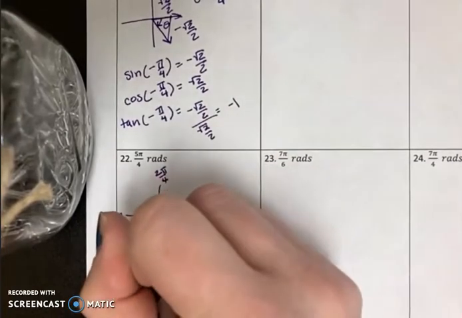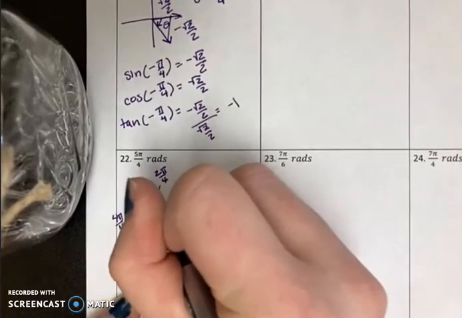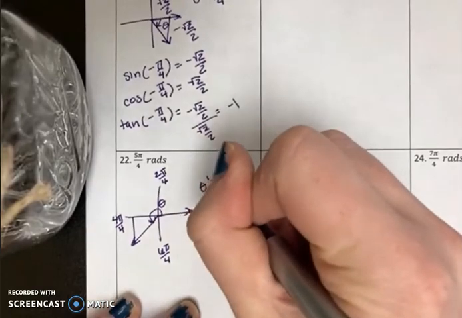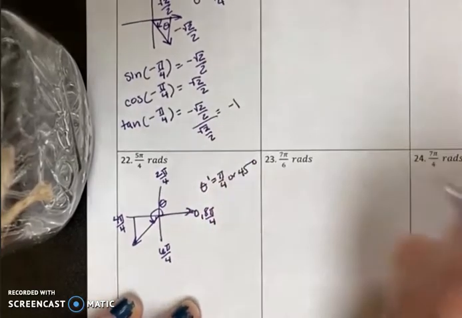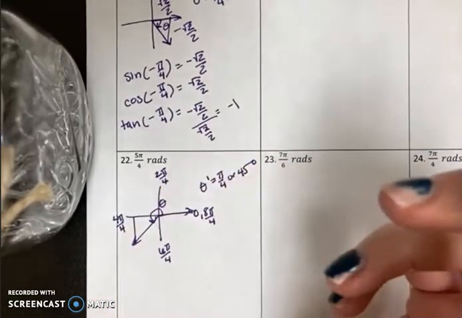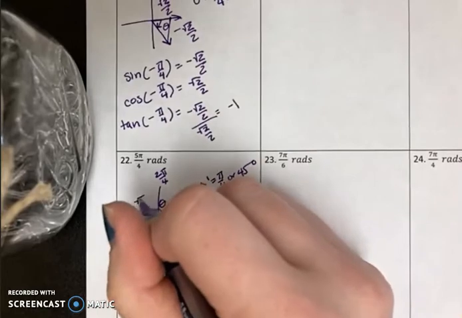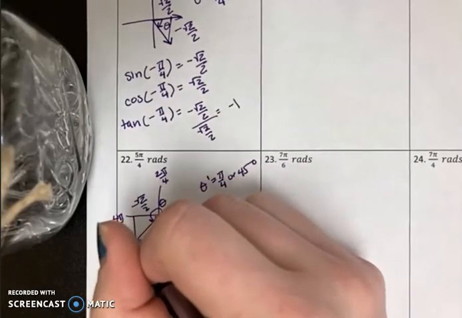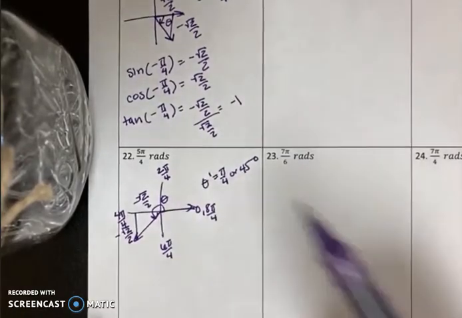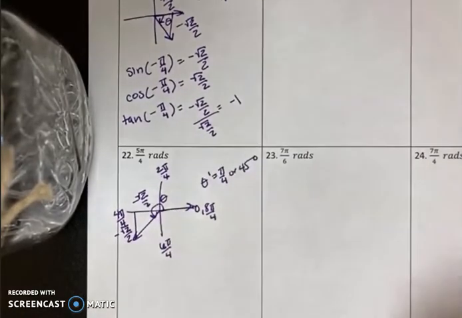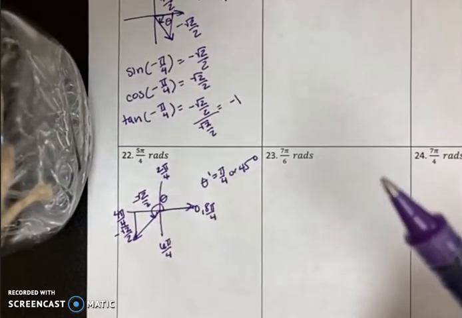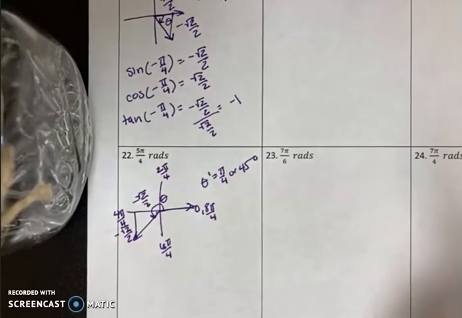So 5 pi over 4 is right here, meaning that my reference angle is pi over 4, or 45 degrees, and then we would go ahead and just write the values. Keep in mind what quadrant it's in, and you'd find sine, cosine, and tangent. So sine would be negative root 2 over 2, cosine would be negative root 2 over 2, tangent would be negative root 2 over negative root 2, which is just a positive 1. So that should be pretty straightforward.